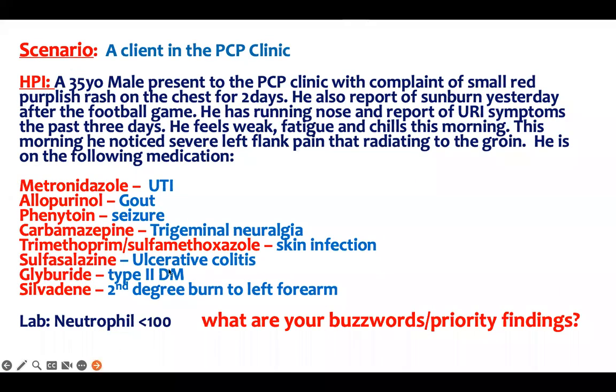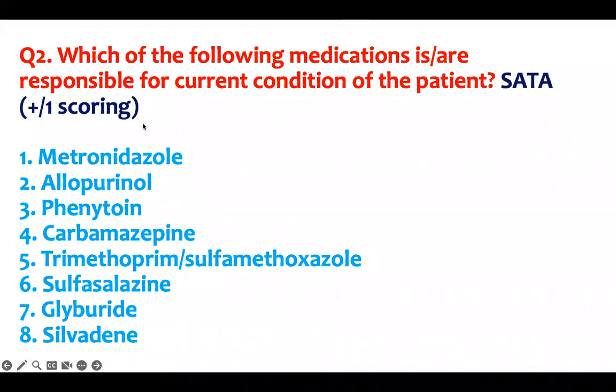So what is the question? Which of the following medications is responsible for the current condition of the patient? I already gave you the answers. This is a select-all-that-apply question. If you don't know the answer, don't pick it. Metronidazole, allopurinol, phenytoin, carbamazepine, trimethoprim-sulfamethoxazole, sulfasalazine, glyburide, and sulfadiazine.